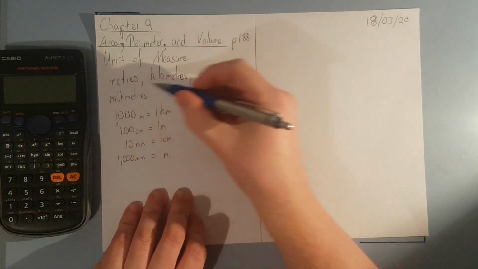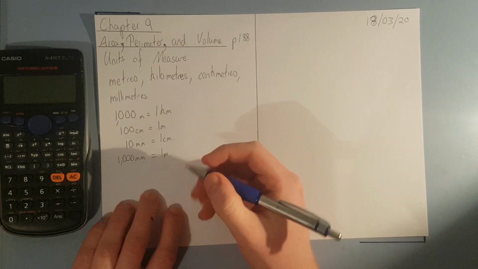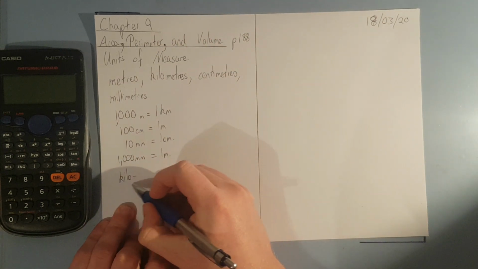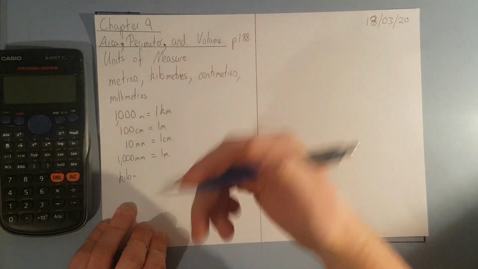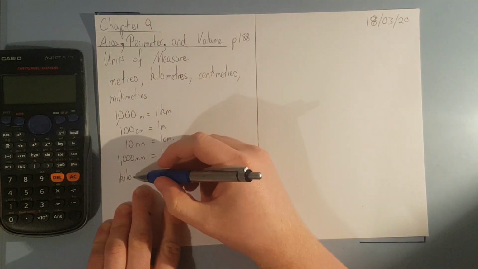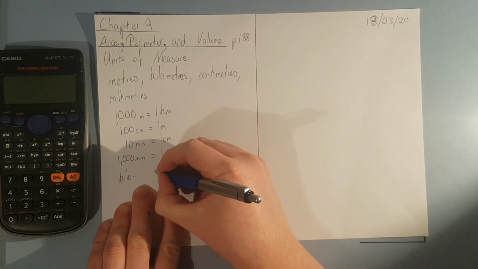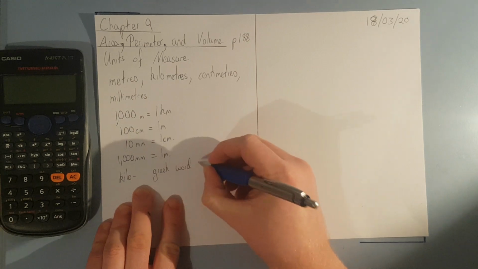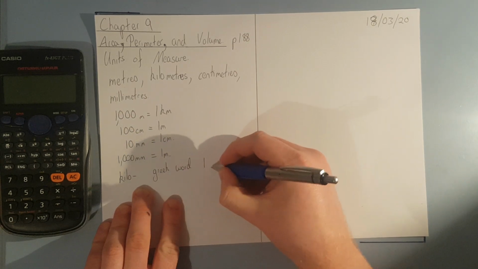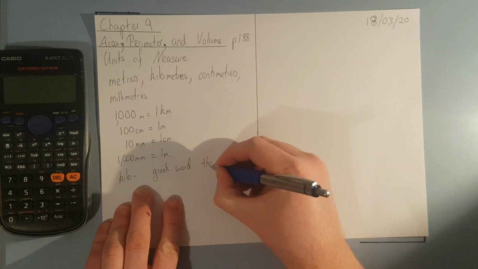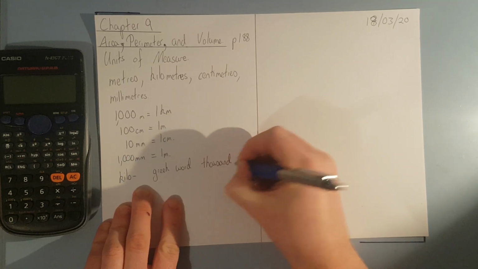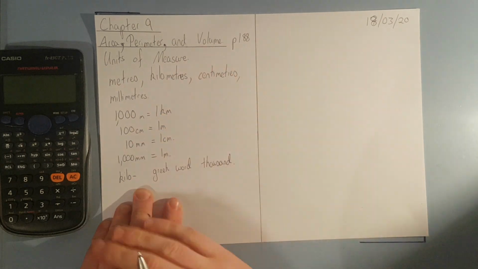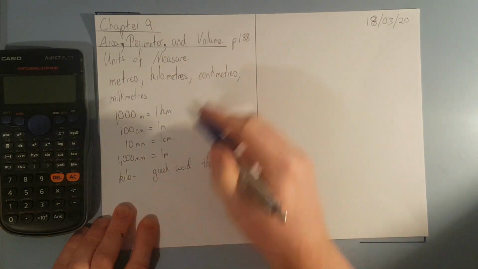And these words, they don't come out of nowhere. The prefix kilo, prefix, the part of a word that comes before the main portion of it, comes from the Greek word for 1,000, and therefore you have kilometer, you have kilogram, and so on.